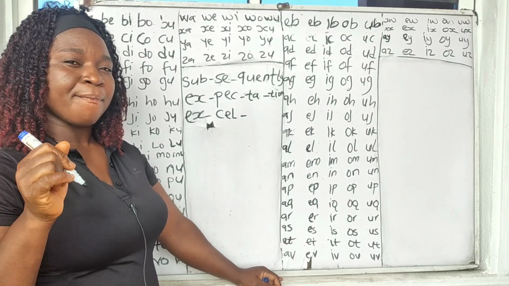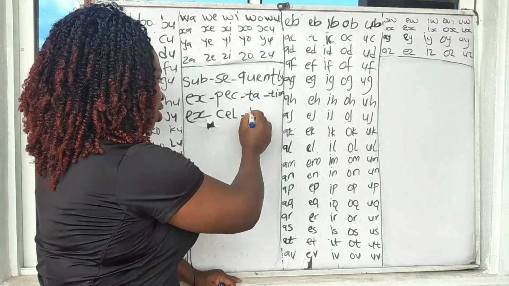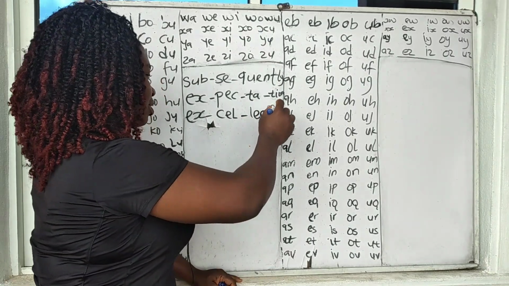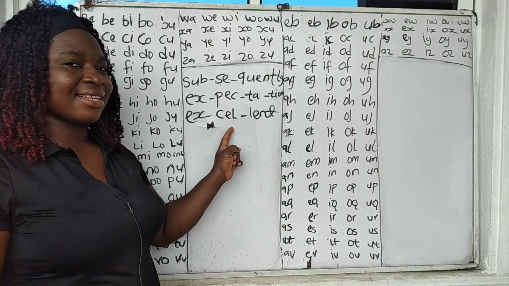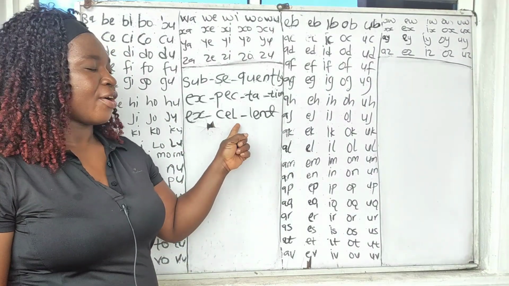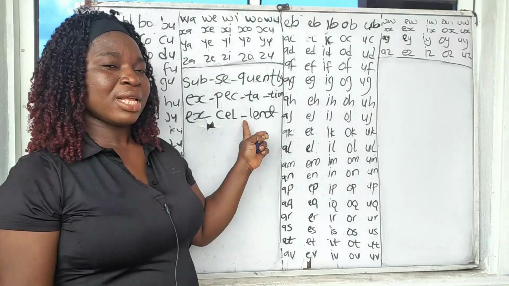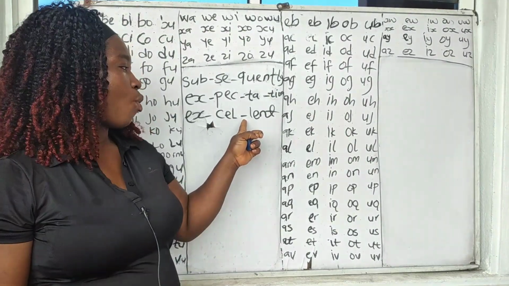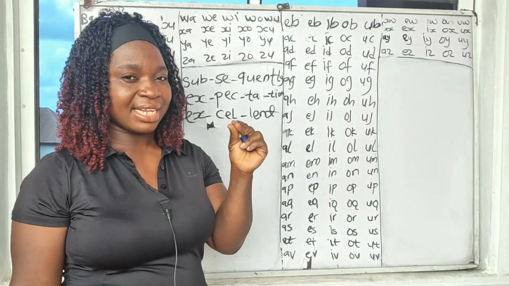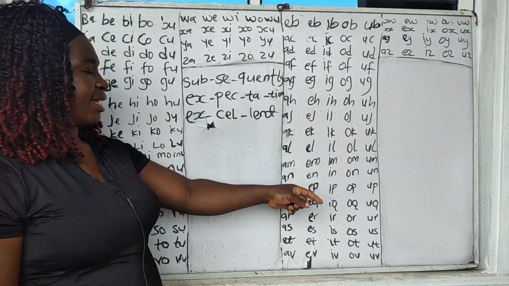If I add B, it is bent. But right now I'm adding L, it is length. Okay, so I have put together excellent. If you're just joining me, I made mention of the fact that when two letters appear together in a word, one of them is usually a bit silent. Okay, so that is what we have here. So put together we have excellent.